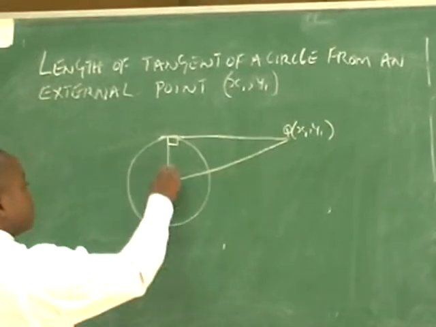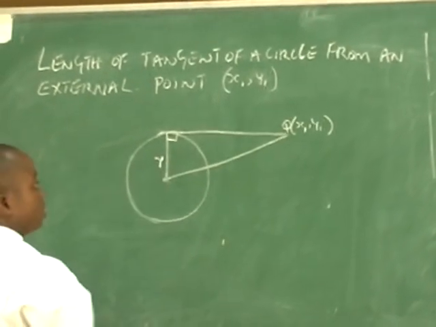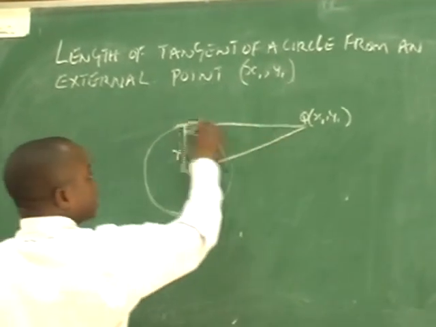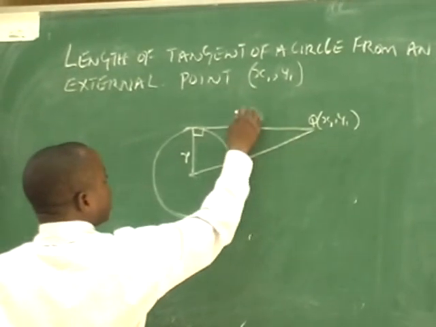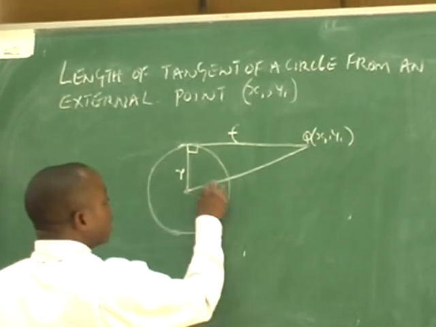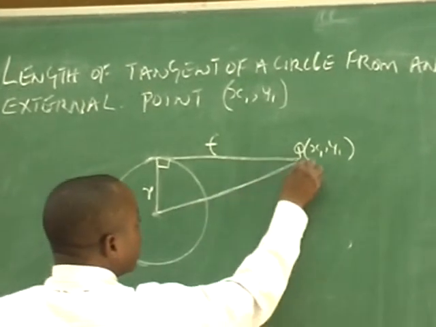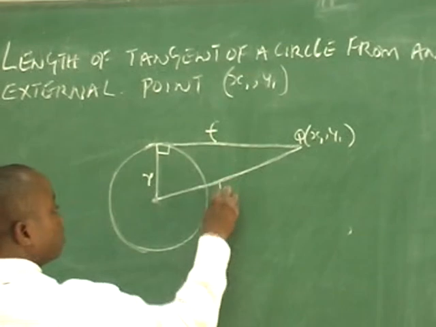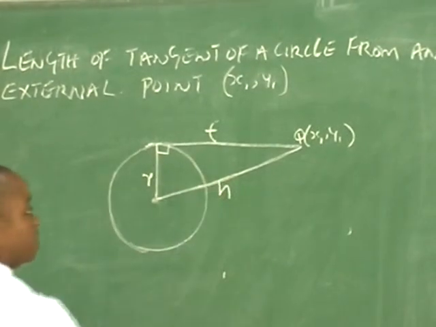So this is R. Now this is the tangent that we are talking about. Let us represent it by T for tangent. And this particular line here, we know that it is the hypotenuse. So let's represent it by H, representing hypotenuse.